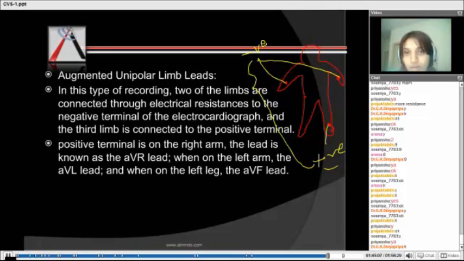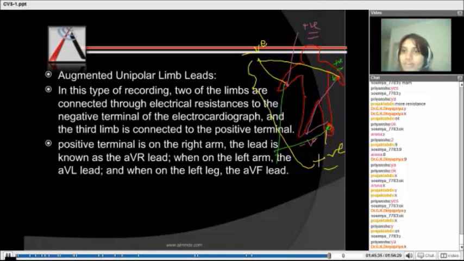Let me use another color, a pink color. If I fix these two to negative and this one to positive, that will be one lead. And if I put these two to negative and this one to positive, with one more color, are you getting me?